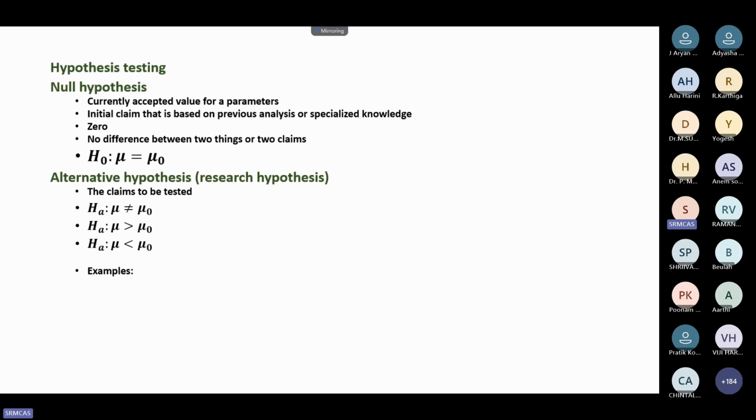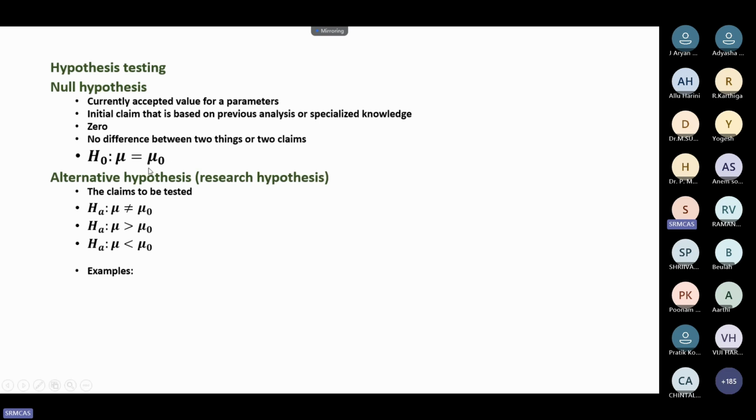Usually we state the null hypothesis as H0, where mu naught is the value of the existing thing, and mu is the value of the new interventions.